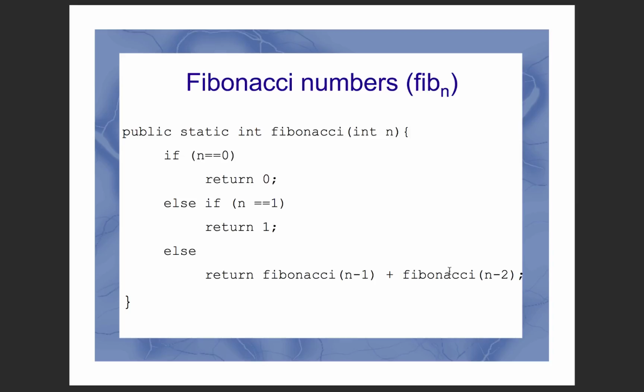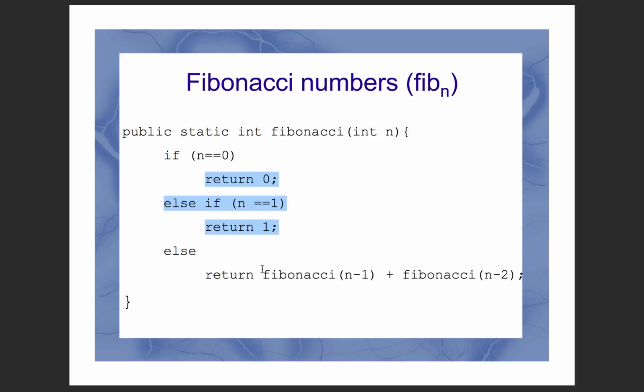So every time you call Fibonacci with a smaller n, that is basically moving towards the base case. If you have n minus 1 and n minus 2 for each call, then at some point n will be 0 or n will be 1. In that case, you will reach the base case and terminate the process.